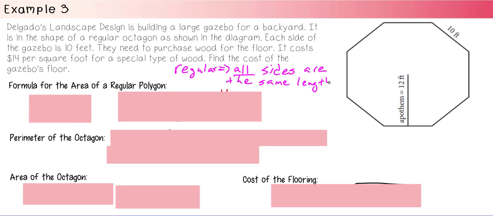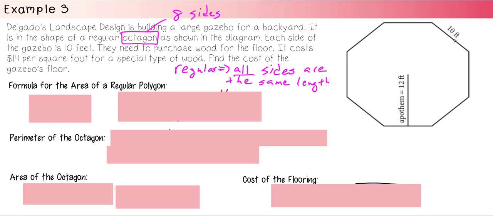Okay, so that means no matter what side on this octagon, they're all 10 feet long. So they're building this gazebo in the backyard, and it's in the shape of a regular octagon, and we know an octagon has 8 sides, as it shows in our drawing. Each side of the gazebo is 10 feet, which they gave us.